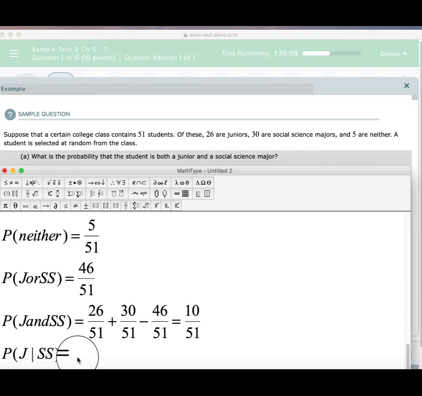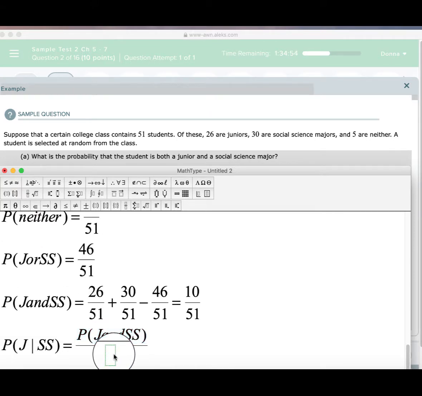It's going to be the probability of J, which is a junior and social science, divided by the probability of what? Well, whatever that given is, is always in the denominator. So that's going to be the probability of being a social science major. Whatever that given is, is always in the denominator.